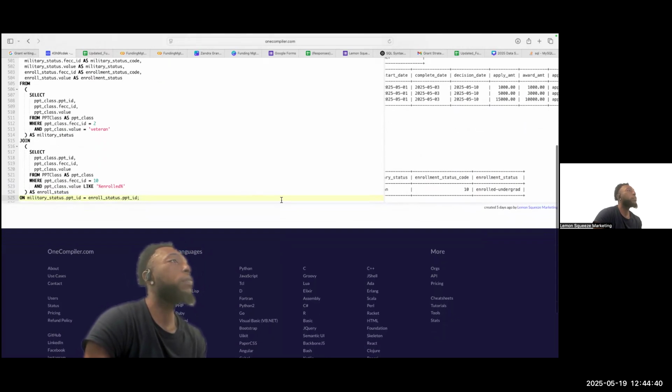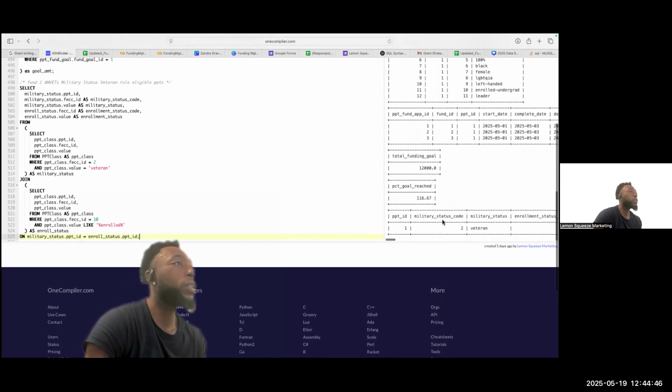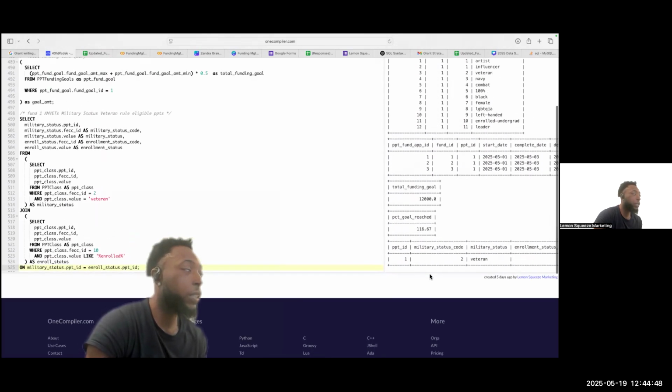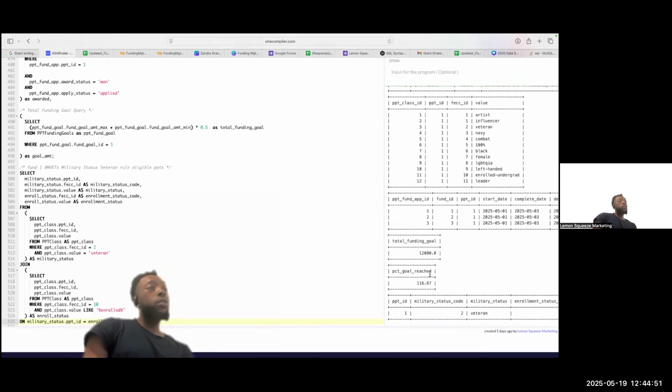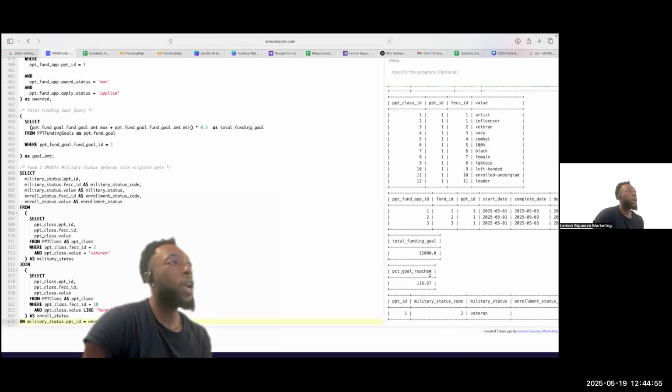Now this is just pulling, so far, the participants who qualify for this particular fund. What we're really supposed to be doing is, if a participant qualifies for a fund, then we are supposed to be adding up that fund.